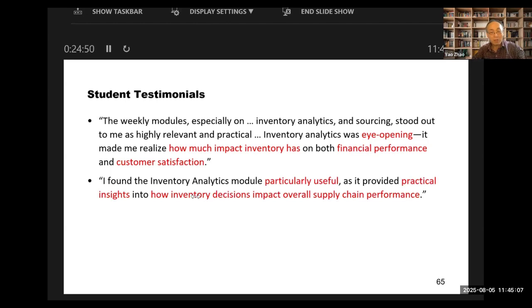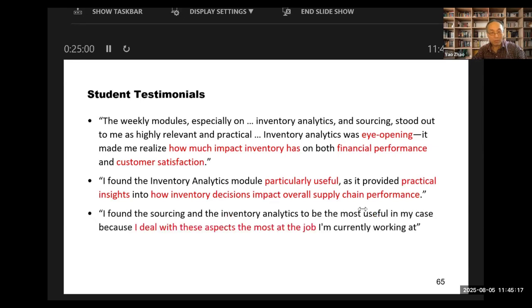I found the inventory analytics module particularly useful as it provided practical insights into how inventory decisions impact overall supply chain performance. I found sourcing and inventory analytics to be most useful in my case because I deal with these aspects the most in the job I'm currently working at.